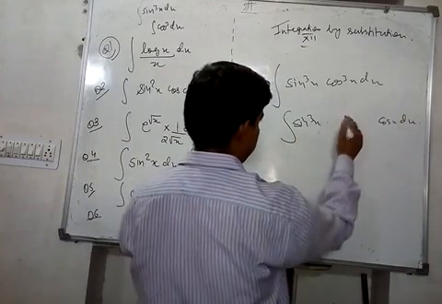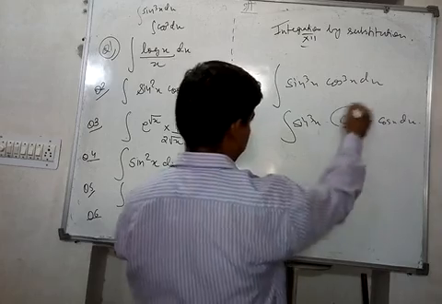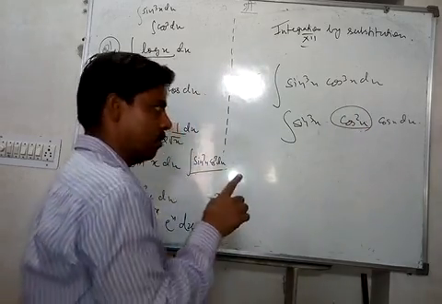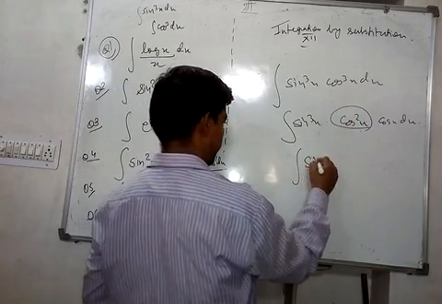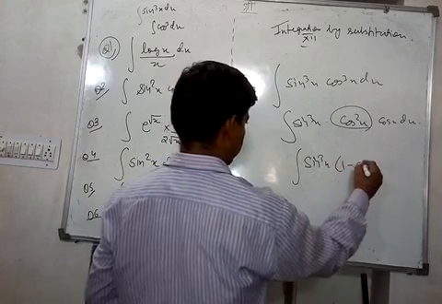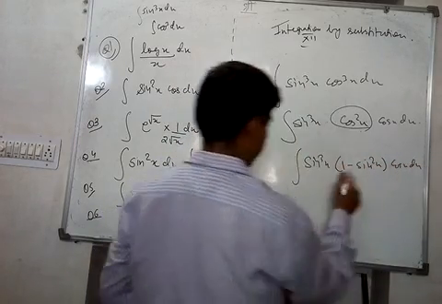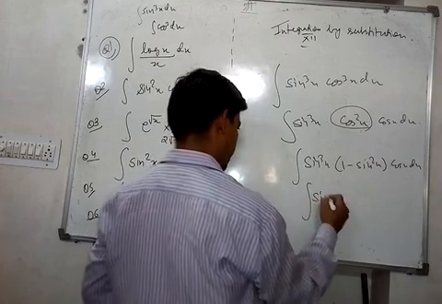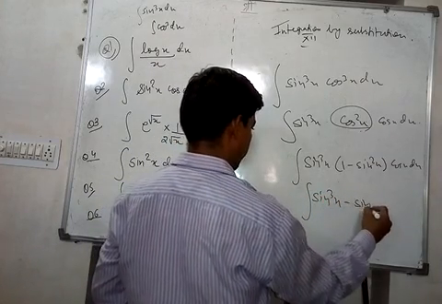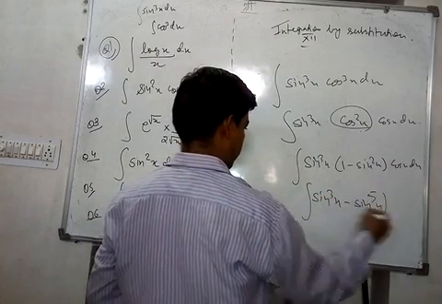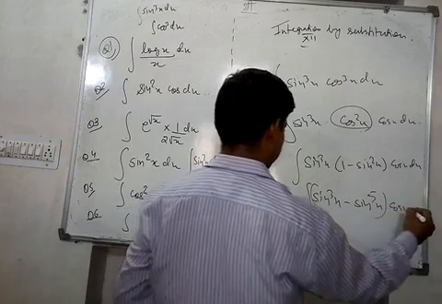This is cos square x, right? So this cos square x should be converted into sine only. 1 minus sin square x, cos x dx. Multiply inside, you will get sin cube x minus sin to the power 5 x, cos x dx.